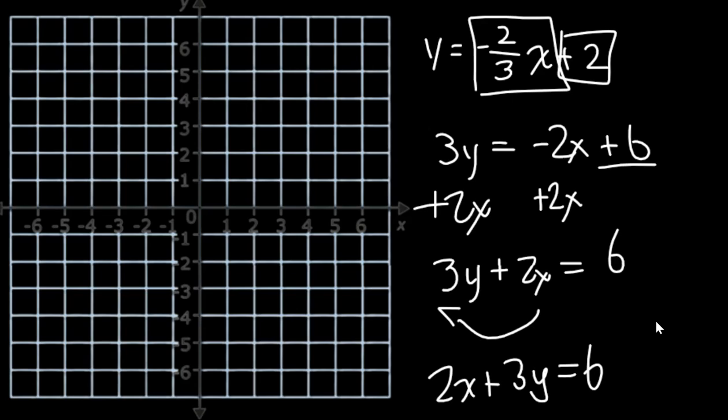Slope-intercept form, you find y. Standard notation, you can find the y-intercept and the x-intercept, and using those 2 points, you can graph the line that the standard notation equation represents.